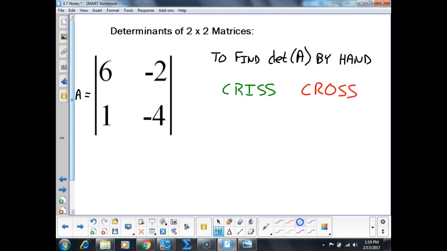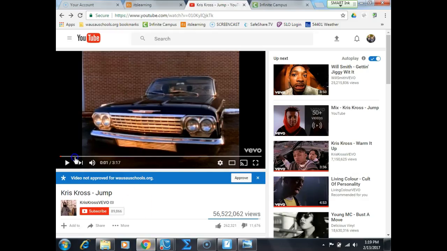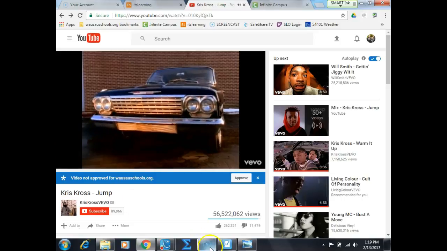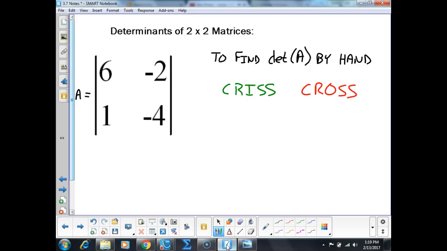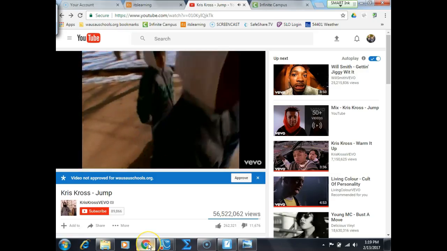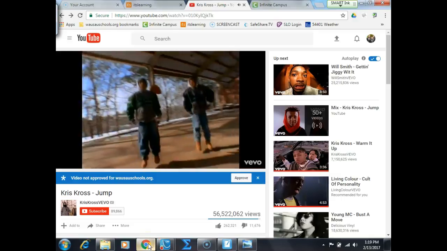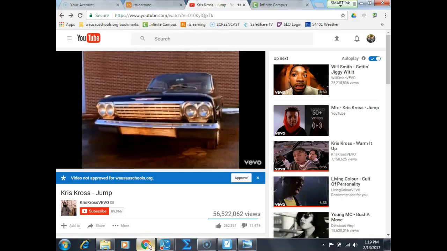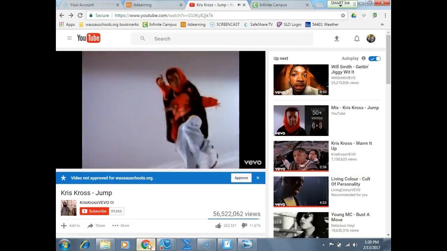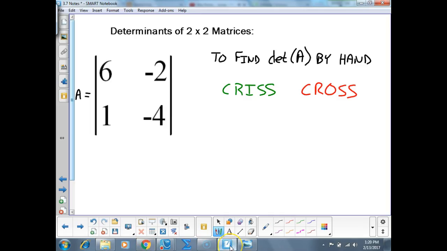For those of you that don't know what crisscrossing is, what I mean by crisscross makes you wanna jump.